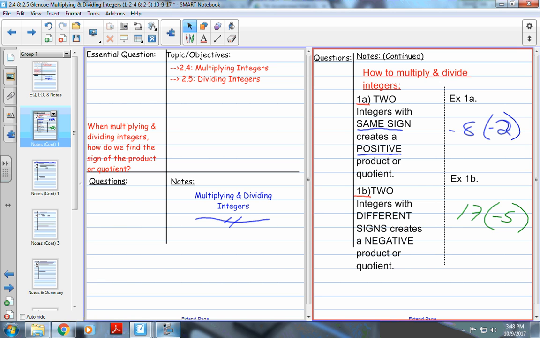So in number 1a, it says, anytime the 2 integers are same signs, we create a positive. So in example 1a, you'll notice we have -8 times -2. Well, those things are same signs, so our answer has to be a positive. And 8 times 2 is 16. So our answer is 16. Then you have the rules for different signs.